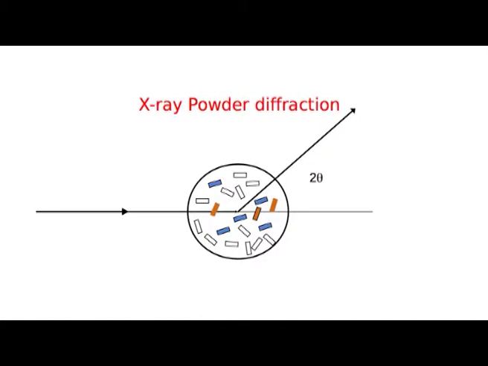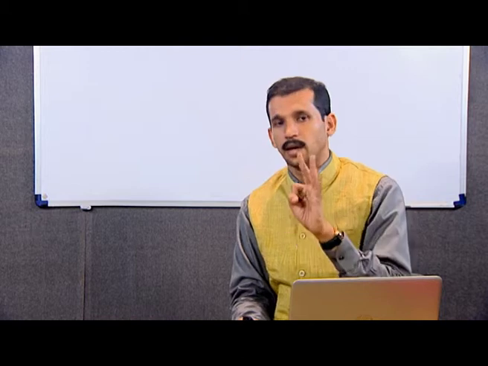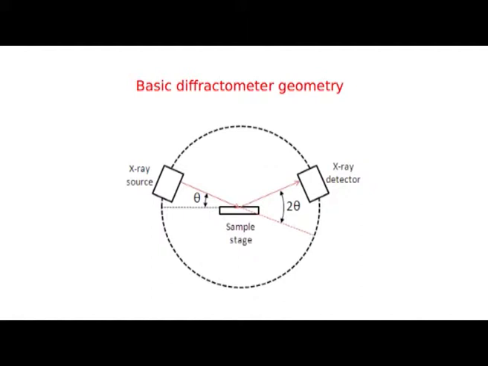We have already seen the formula which governs the whole X-ray powder diffraction. What is that rule? That is Bragg's law, which is n lambda equals 2d sin theta. So, what are the contributions in there? You have the lambda, you have the d and the theta, right, where theta is the Bragg angle. Provided that your incident X-ray radiation is of a constant wavelength, theta is going to be decided by d, the distance between the planes.